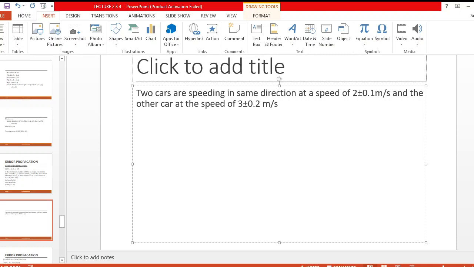So the question is, what was the difference in speed between the two cars?